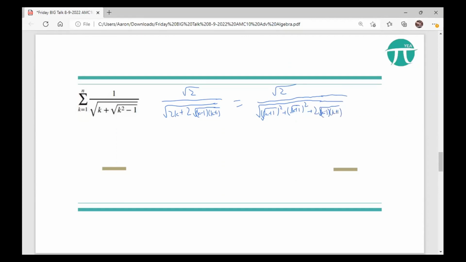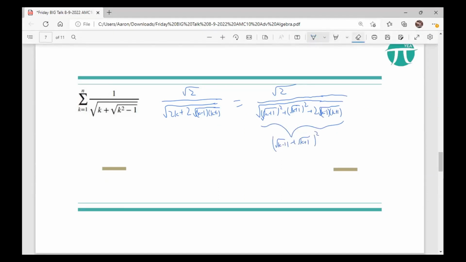And so this denominator is in the form root k minus 1 plus root k plus 1 squared. Okay, and so this is just root 2 times the sum of 1 over root k plus 1 plus root k minus 1.